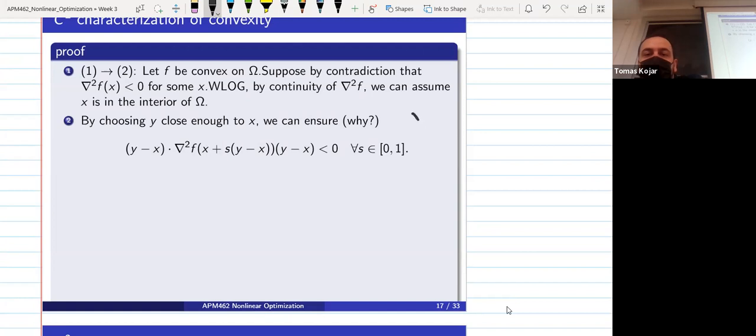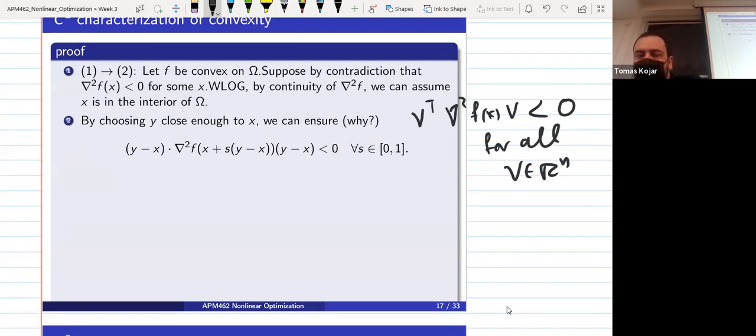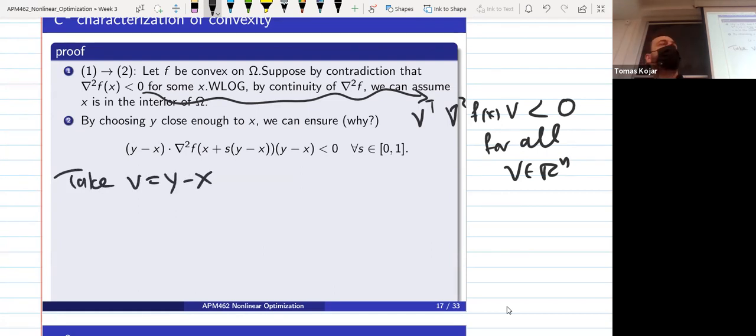So we know that V transpose Hessian of f of x, V is negative for all V. That's what this tells us. Now take V to be y minus x. That says that y minus x, Hessian of f of x, y minus x is negative.